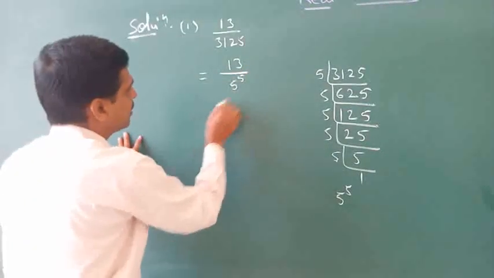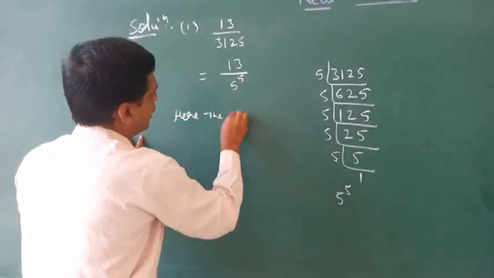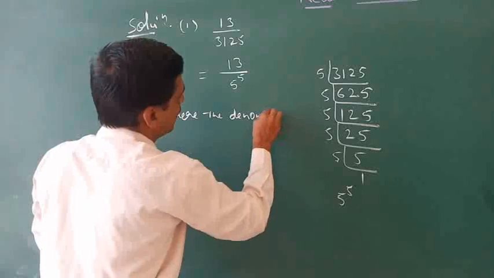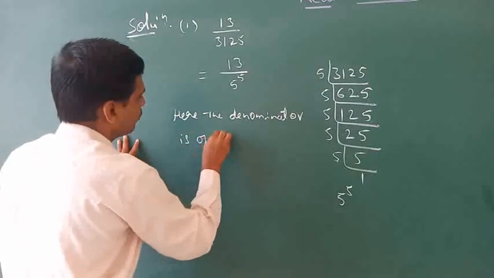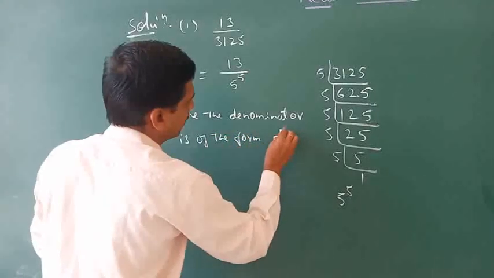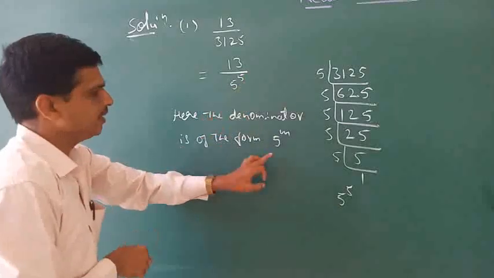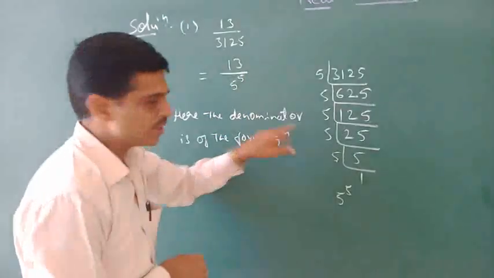So we consider the denominator here. The denominator is of the form 5 to the power of m. Here 5 is there, so the denominator is in the form of 5 to the power of m.